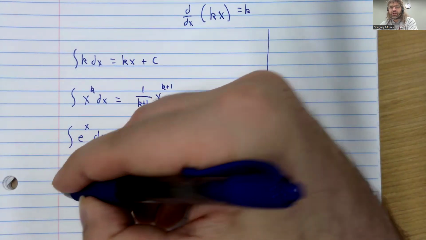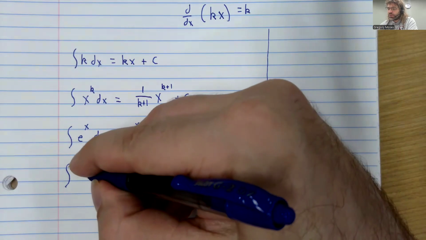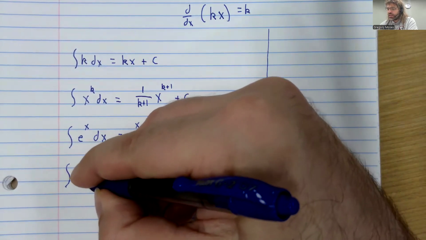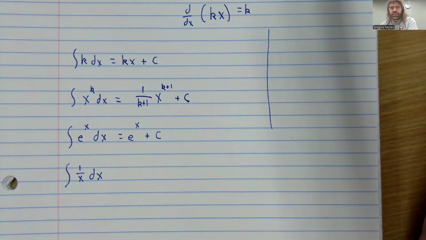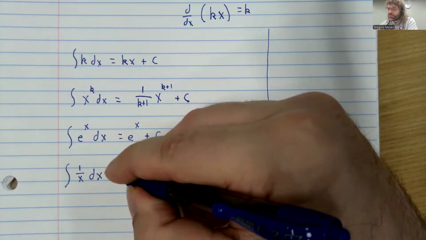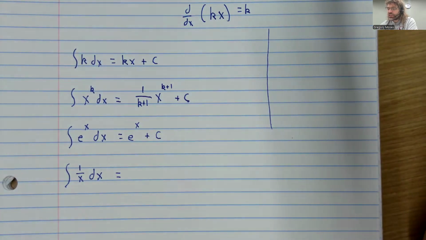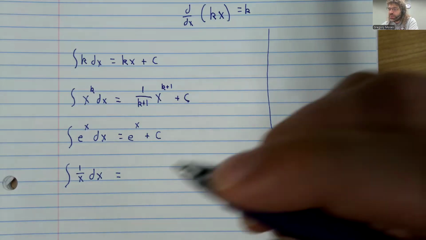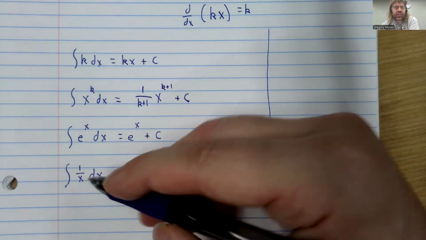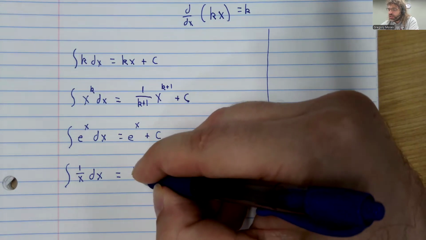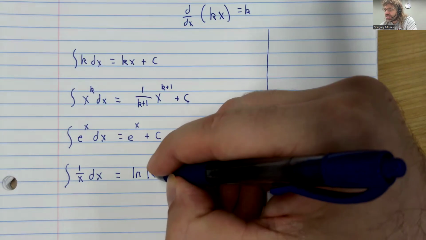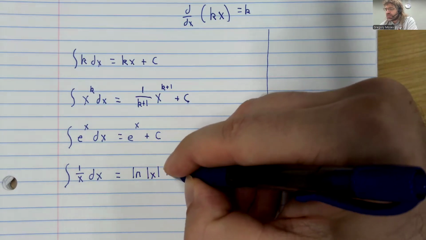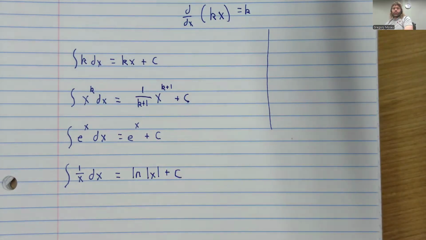Finally, the derivative of the natural log is 1 over x. Here, there's a slight kink, or a slight hitch, or whatever word I'm grasping for. When you take the antiderivative of 1 over x, you expect to get the natural log, and you basically do, but there's an absolute value in there.